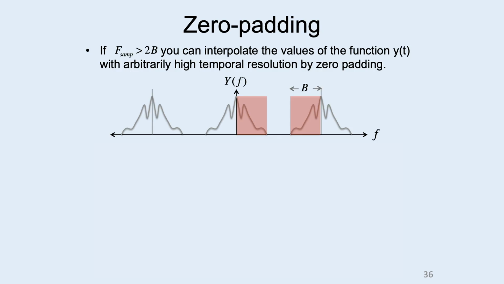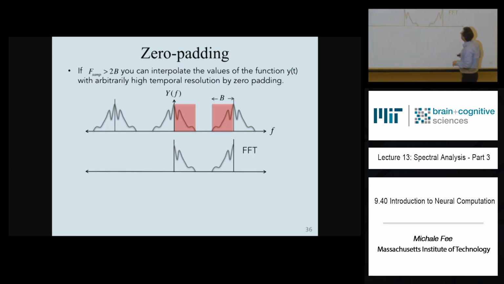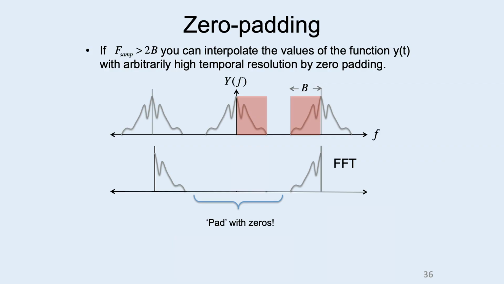Okay? So what you can do is you can take a function, Fourier transform it, get the spectrum, okay? And what the Fourier transform hands us back is just this piece right here. And what I can do is I can just move those other peaks away. So that's what my FFT sends back to me. Now what am I going to do? I'm just going to push that away and add zeros in the middle.